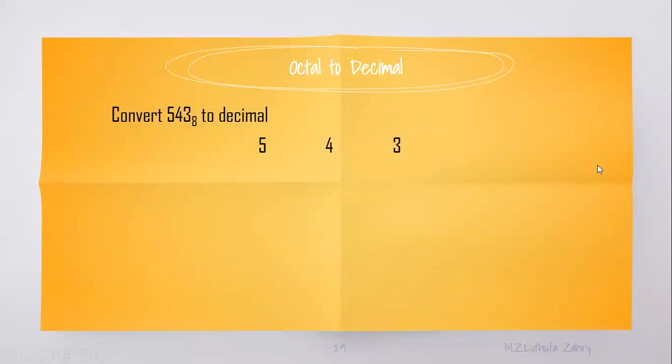Okay, so now we saw binary to decimal, now octal to decimal. In decimal to other number system conversions, we divide the decimal number by the base. But for other number systems to decimal conversions, we just consider the weighting factors. In binary, we consider binary weighting factors. In octal, we consider octal weighting factors: 8 to the power 0, 8 to the power 1, and 8 to the power 2. So this will give you 1, 8 to the power 1 is 8, and 8 to the power 2 is 8 into 8, 64.